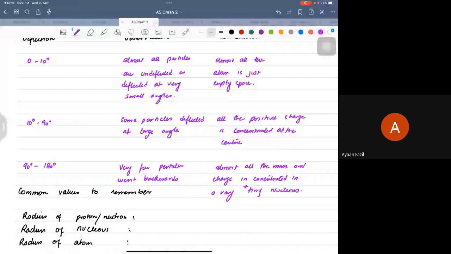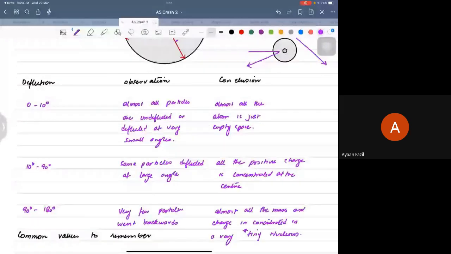Writing tiny is the keyword. Why do we have to put the word tiny there? Because out of 8,000, only one could manage to come directly in front. That is how small it is, and it was deflected back. Do you agree? Any questions? Please let me know.